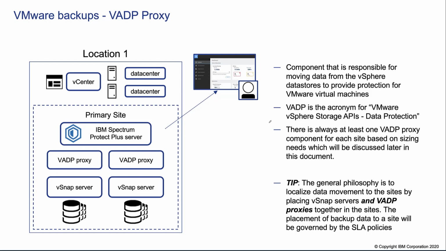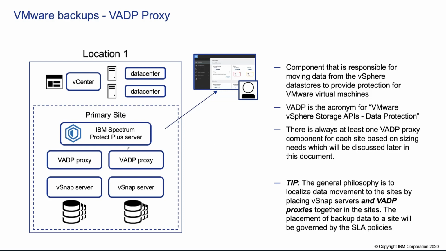So in general, the first obvious recommendation is if you have multiple locations, say a second location, another branch office, and you have backups that need to take place every night in both of the locations, you obviously want to have a VADP proxy that is localized, meaning you want to have a VADP proxy in location 1 in the primary site that handles the backup of all the VMs in this location, and a second VADP proxy in your second site, maybe in location 2, that handles the backup.